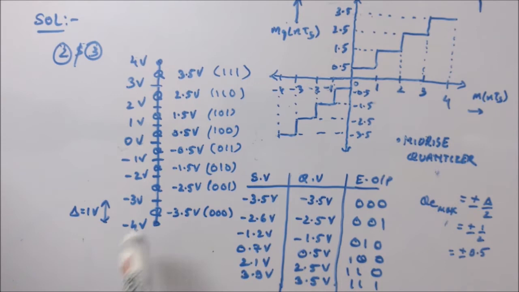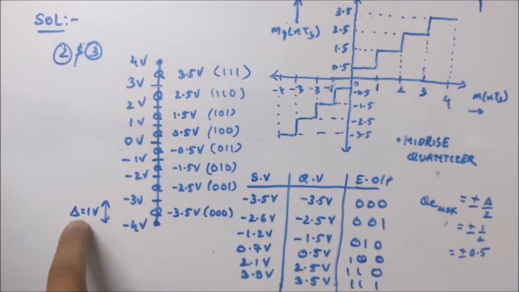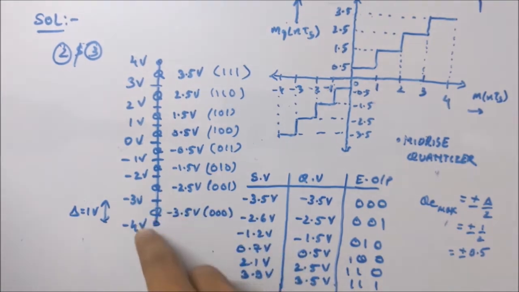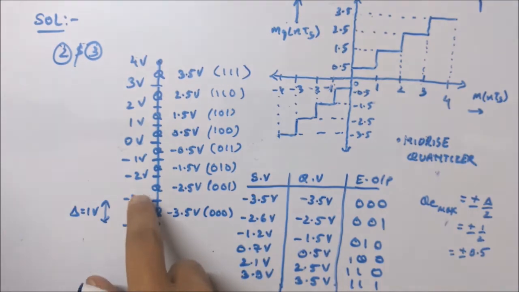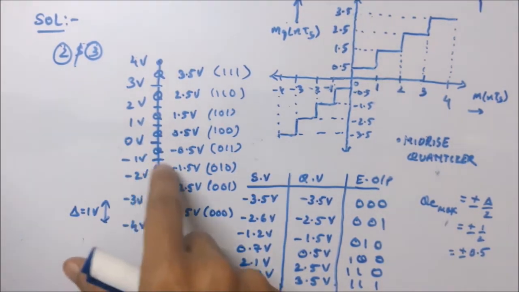So there will be 8 quantization levels, and the delta we calculated is 1 volt. So the difference between these two points will be delta.